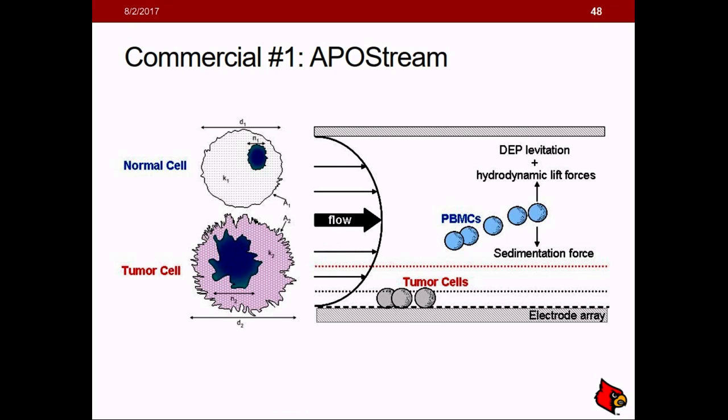So the first commercial application that we will talk about is ApoStream, where their focus is, yes, using field flow fractionation, but trapping tumor cells, and the normal cells continue to just flow downstream. So you have positive dielectrophoresis trapping the tumor cells, and negative dielectrophoresis repelling the normal cells away.